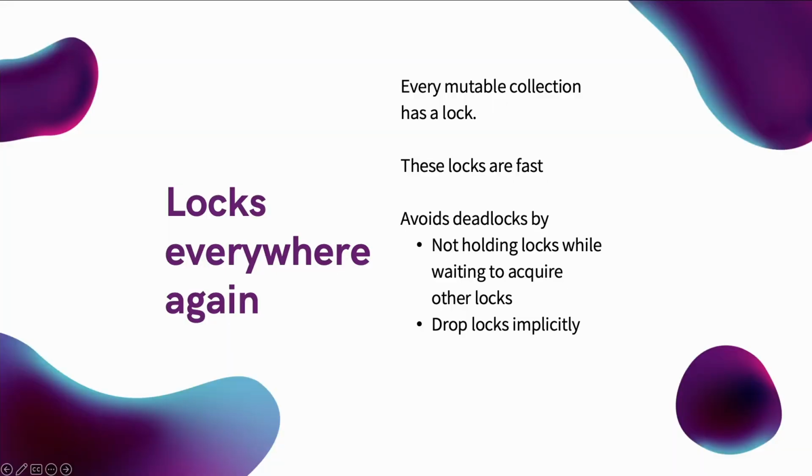This way, there is no single thread that has 5 locks, is waiting for 1, and another thread has that lock. They're all deadlocked. This doesn't happen because there is no holding of locks until you can actually access all of these locks. It also does another thing where it drops these locks implicitly.